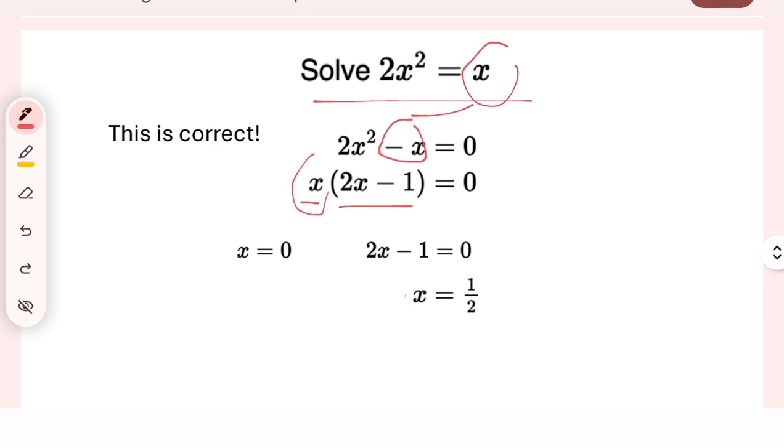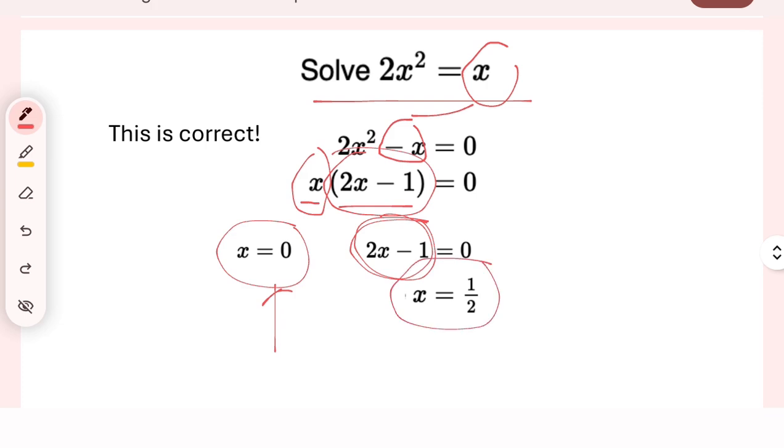So you can equate x equal to 0, and 2x minus 1 equal to 0. The answers would be x equal to 0, and from here you solve for x, and x equal to 1/2. This is the correct way.